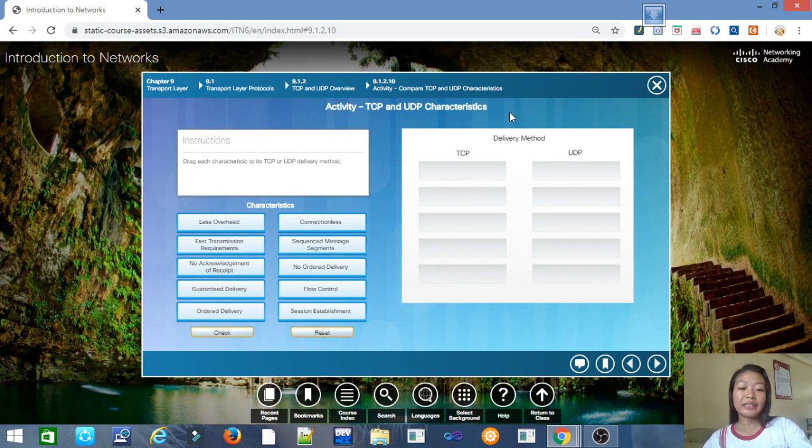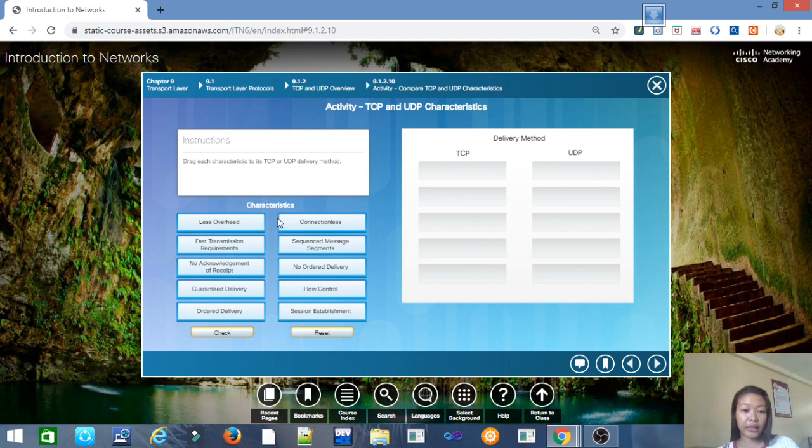Both UDP and TCP run on top of the Internet Protocol, or the IP, and are sometimes referred to as UDP/IP or TCP/IP, but there are important differences between the two. Where UDP enables process-to-process communication, TCP supports host-to-host communication.